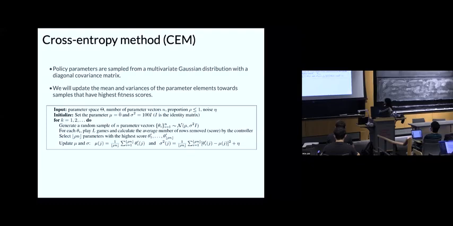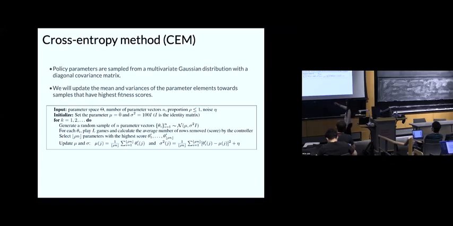You generate a set of parameter vectors by sampling from this initial Gaussian. You need to initialize mu and sigma somehow, all right? Then for each of the samples, you need to run trajectories, this is specifically for some specific game that was developed, but basically evaluate trajectories.